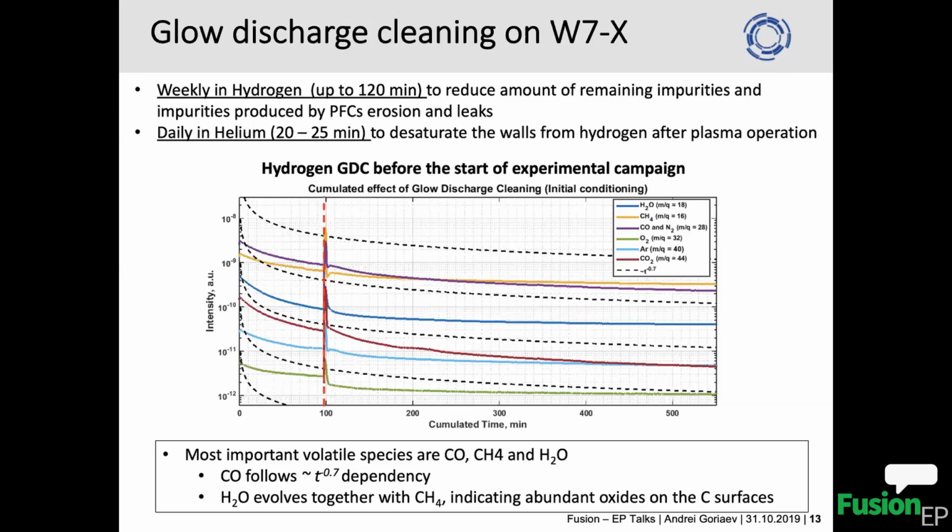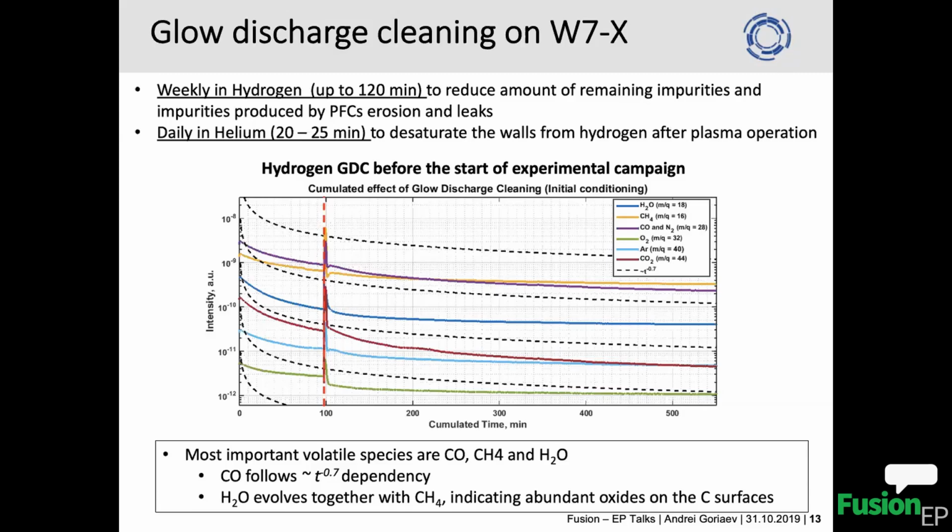And of course, it depends on the type of plasma facing components, whether you have tungsten or carbon. You can also see the evolution of particular impurities, for instance, how the water content goes down, or the behavior of hydrocarbons in case you have carbon-based plasma-facing components.